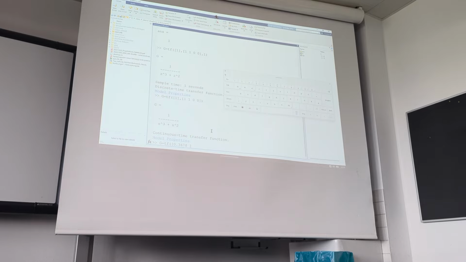So that's the first one, and then the second one is 0.2644. And that's it already for the numerator.